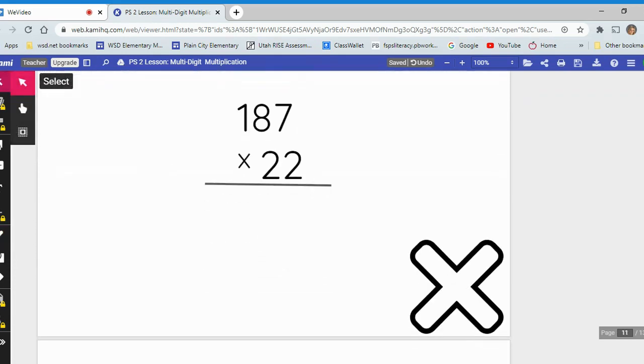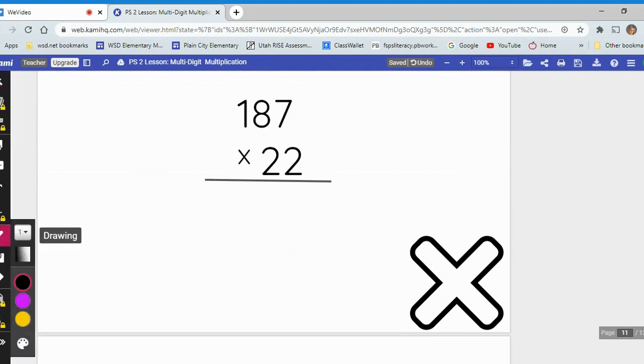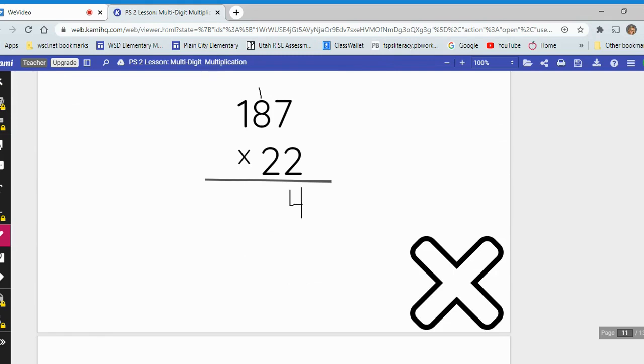Okay, let's do one more together, and then I will have you try some and check them. So here we go. 7 times 2 is 14. Carry that 1. 2 times 8 is 16, plus 1 is 17. Carry a 1. 2 times 1 is 2, plus 1 is 3.